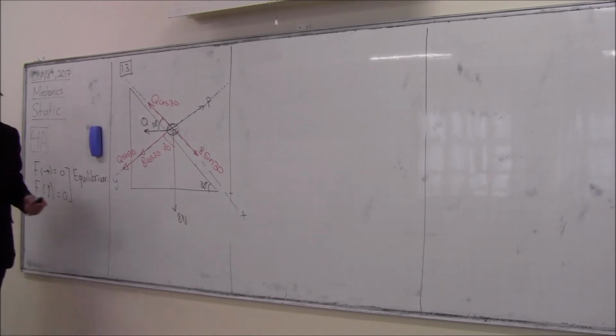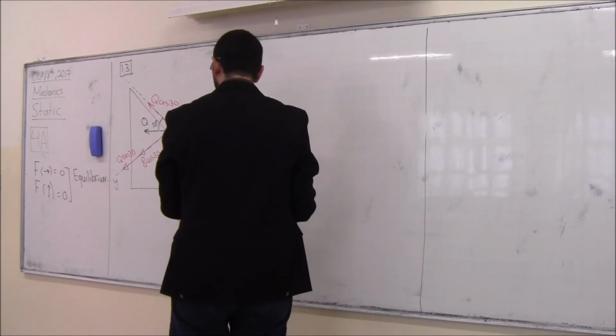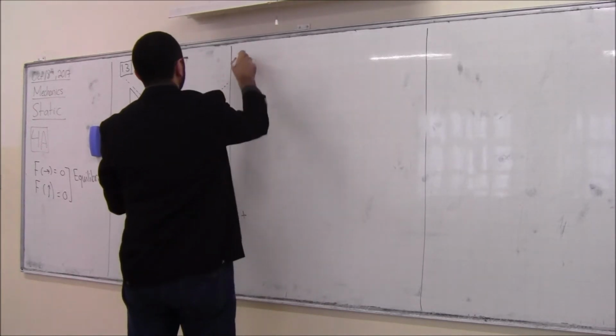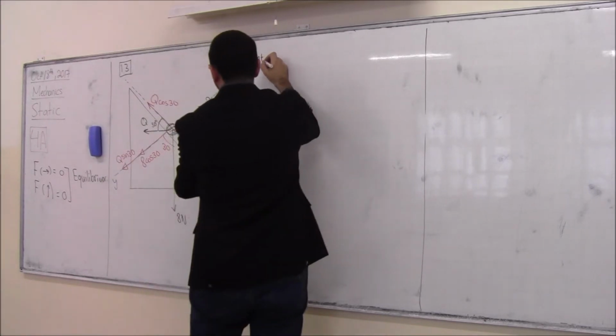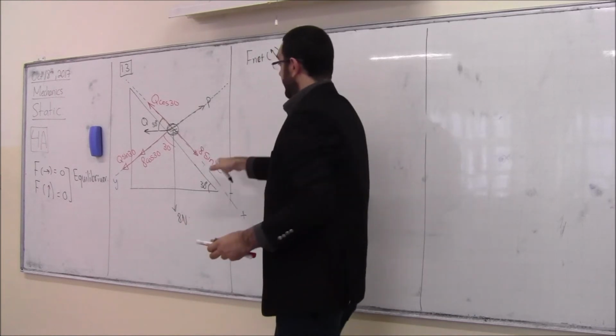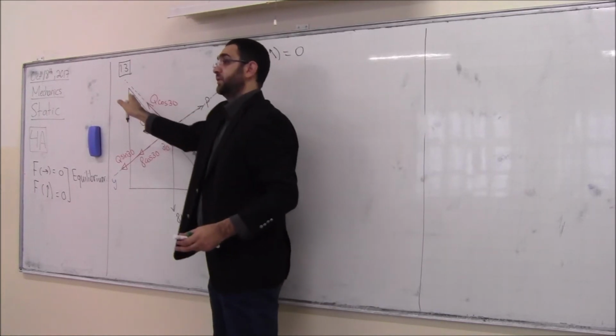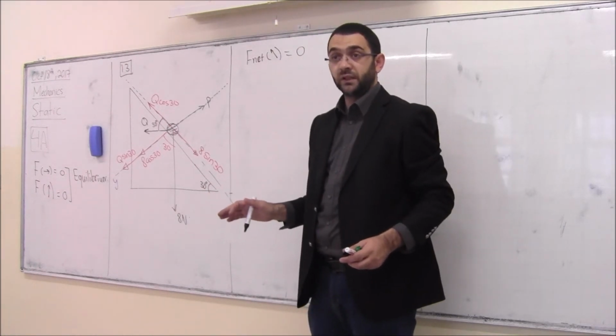Now I have to use what? F net along this axis is 0. F net along this axis is 0, clear?